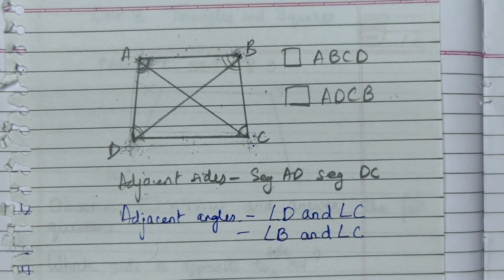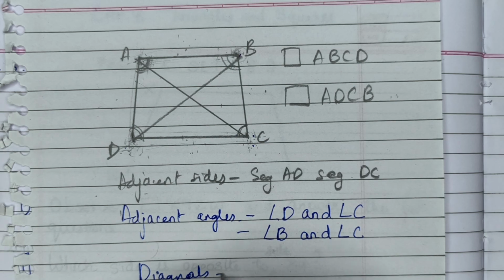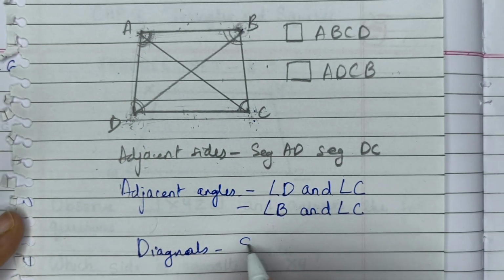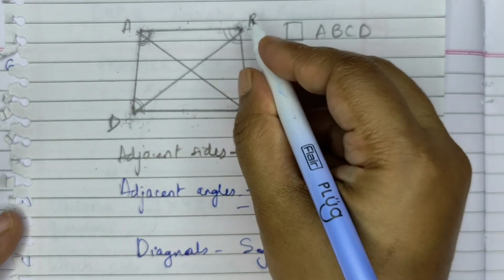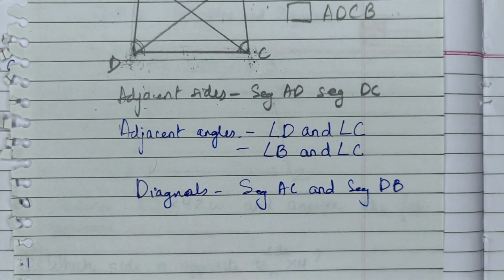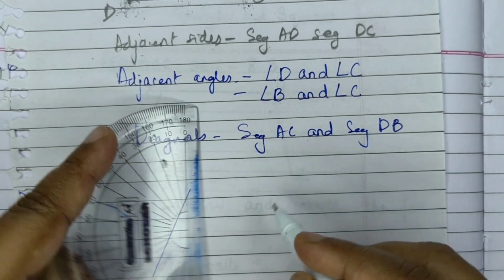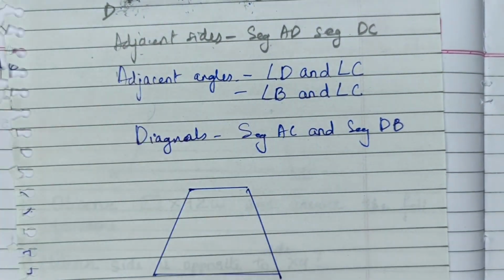And when they say name the diagonals, how do you name the diagonals? Segment AC and segment DB. Understood? Now see here, children, even if you have a question like that, suppose this is a quadrilateral I'm drawing here, and they will give you some points.